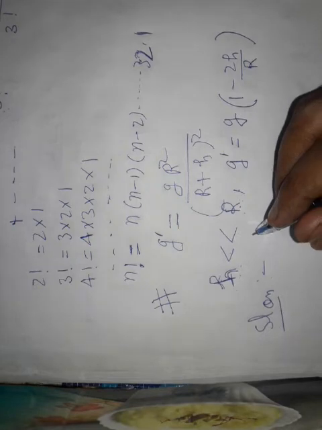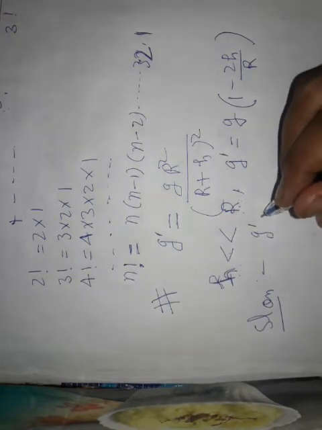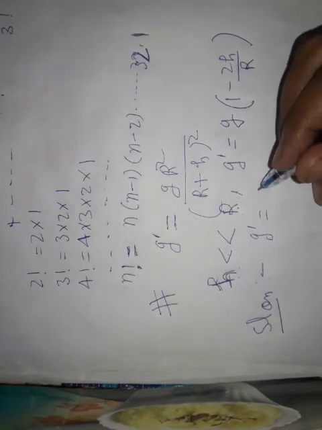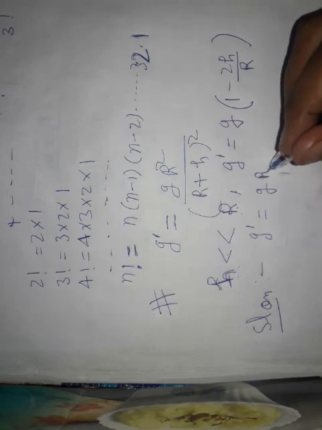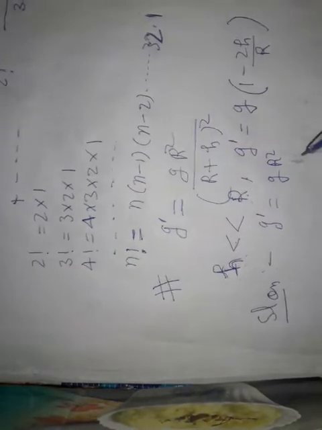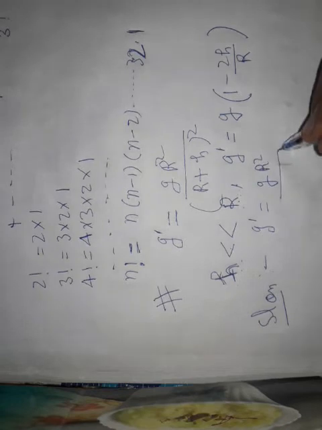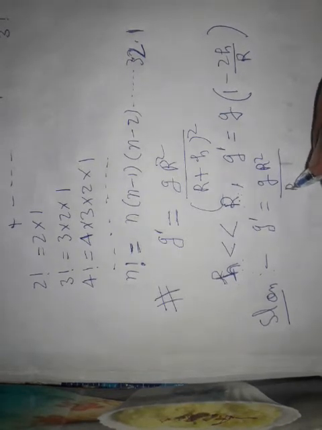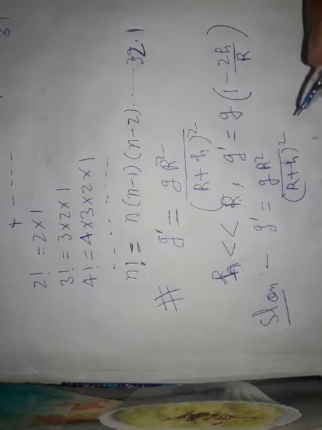Here we have g dash equal to, it is given that, small g R square upon R plus h whole square.